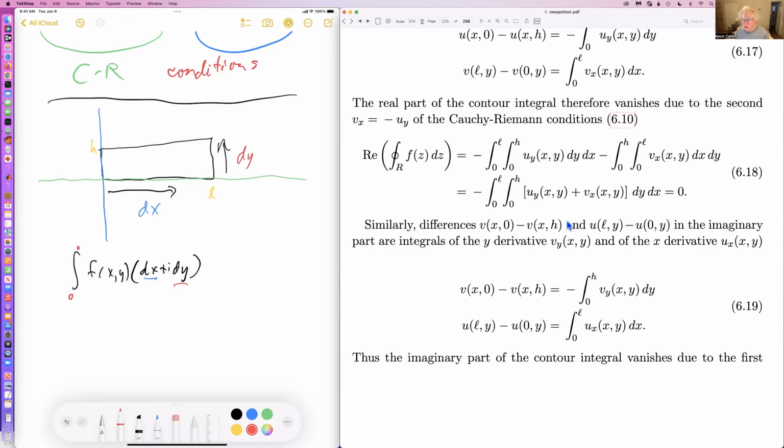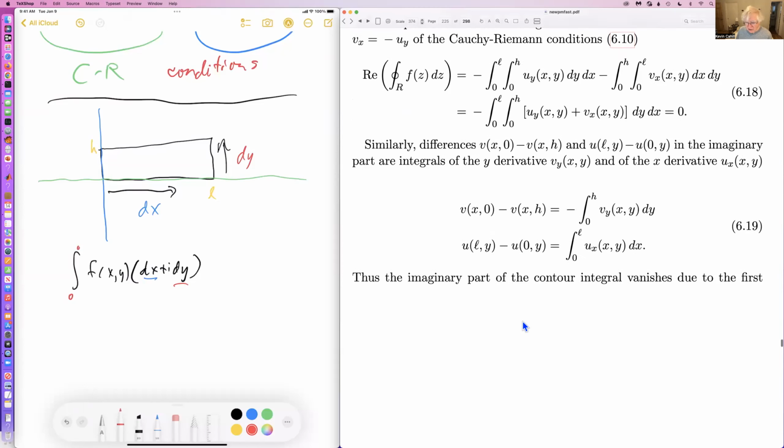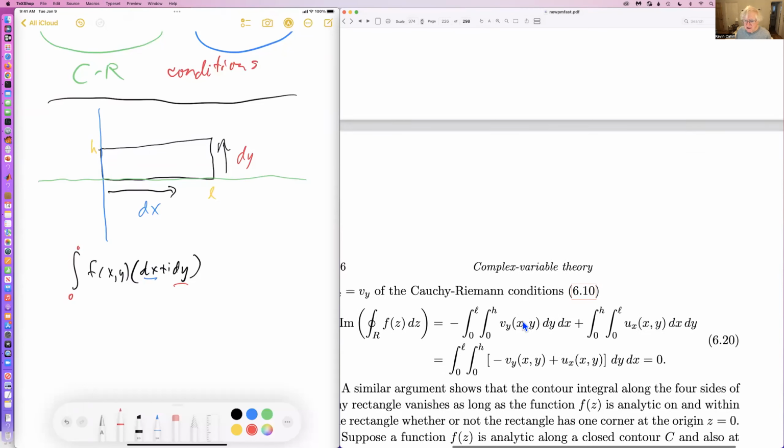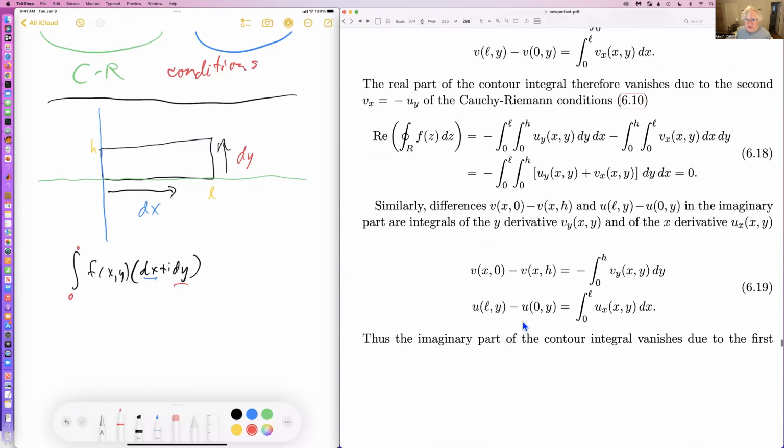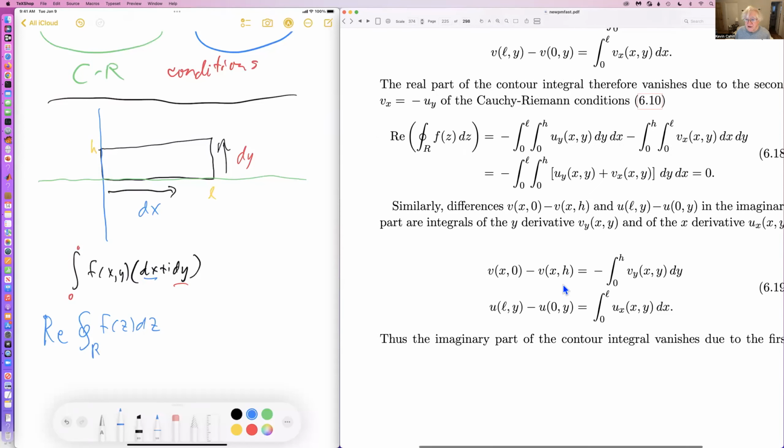One can do that integral formally exactly, and it turns out that the real part of this integral around the rectangle of f of z dz turned out to be this expression here.